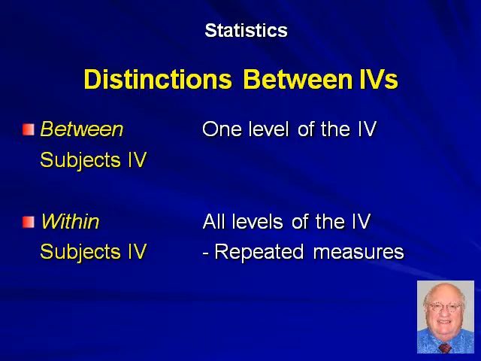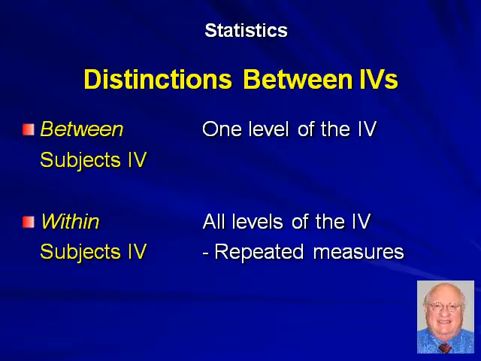So if gender is a variable in a study, you would be in only one level of that variable, either male or female. If you were in the example study of depressed patients randomly assigned to treatment or control, you would only be in the treatment or the control group. That's what makes these between subjects variables.